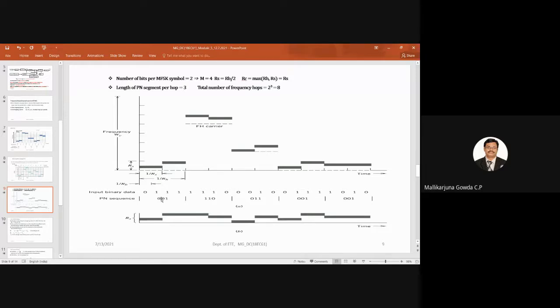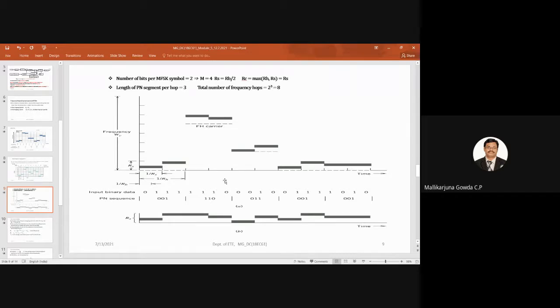With every 2 bits, 0, 1 you can think of as F1 frequency. So FC1 plus F1, and here FC1 plus F3. Next it is FC6, so FC6 plus F3, then FC6 plus F2. 1, 0 you can think of as F2.